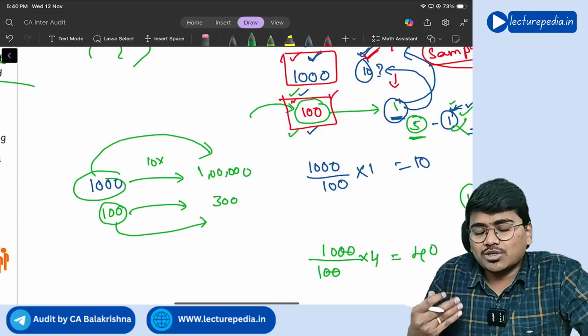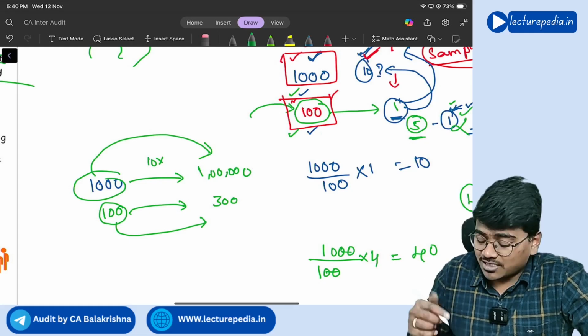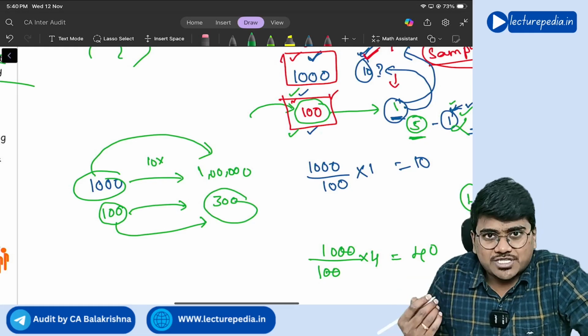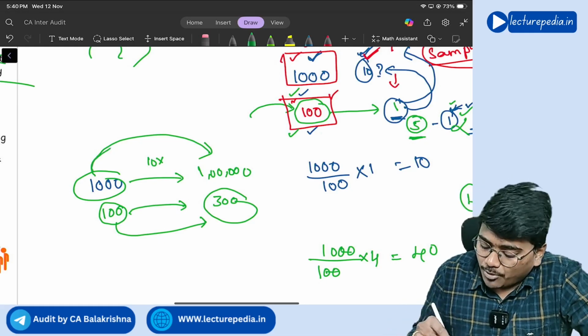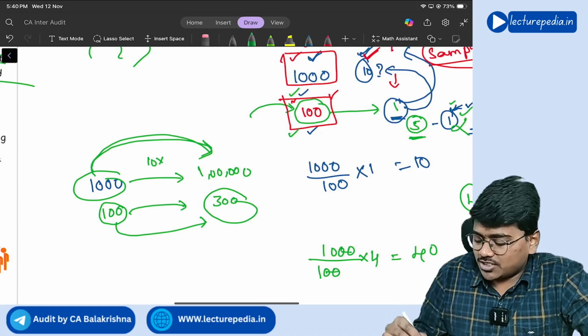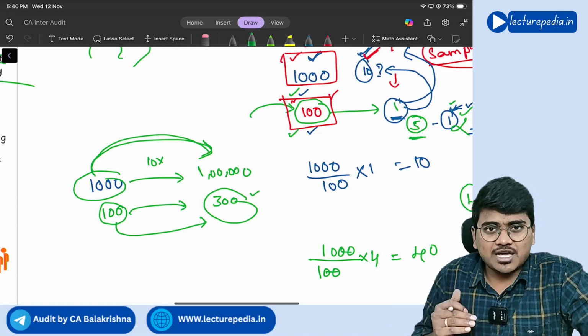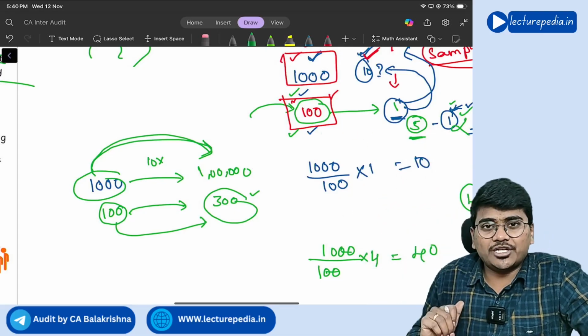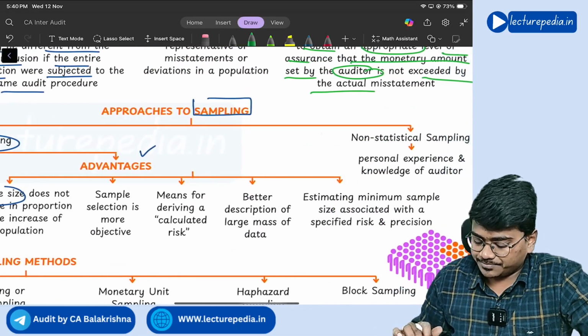How does this become an advantage to you? Because you need not perform audit procedures on more items. Even though the population increases rapidly, you can perform audit procedures only on some of the items, as the sample size will not increase at the same ratio. Understood? Yes.